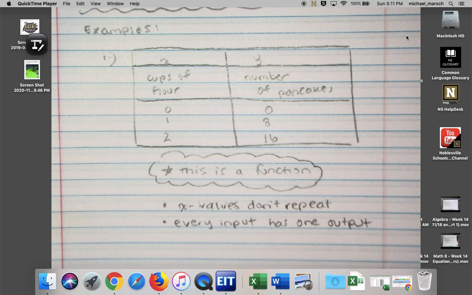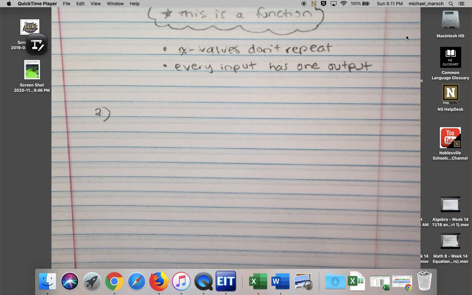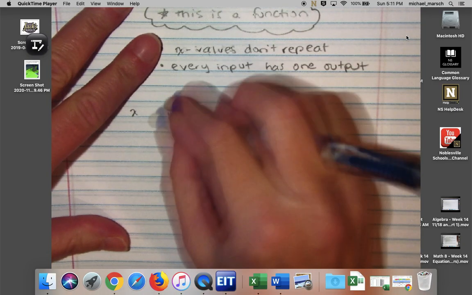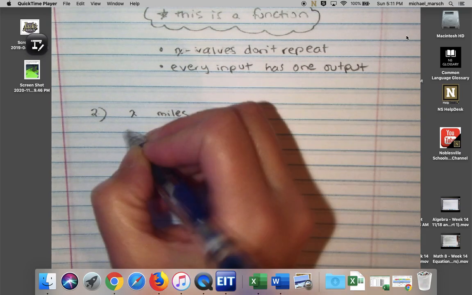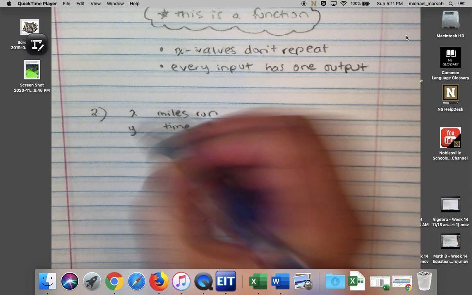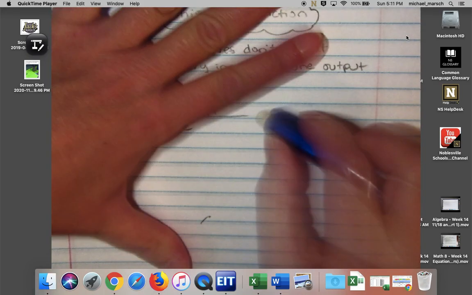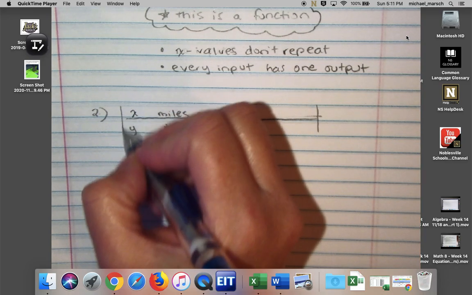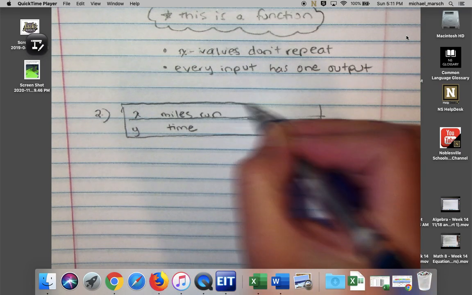So now we're going to do another table. And let's say we have the x value is how many miles you run. And the y value is your time. Right? Remember, tables can also be horizontal. Remember, the x is our input, y is the output.